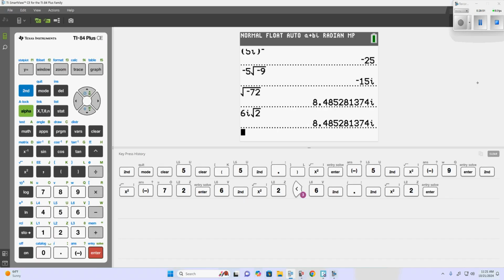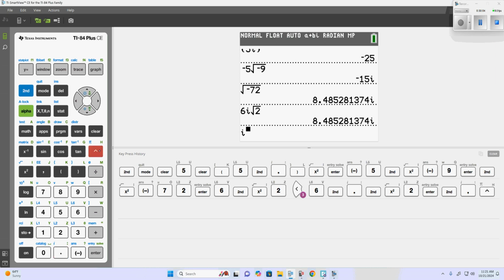Now, we can type i into the graphing calculator. So if we said i to the, I think the first one was 27, yes?